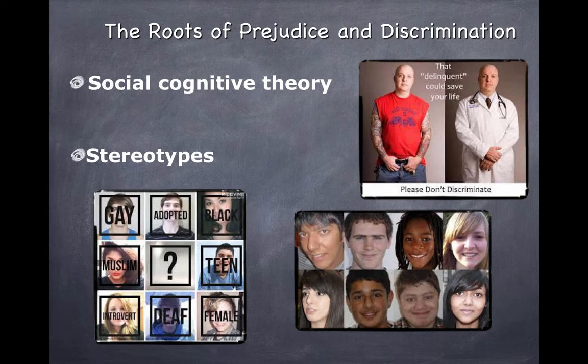And stereotypes are widely shared beliefs about the characteristic traits, the attitudes, and behaviors of members of various social groups, whether they be ethnic, racial, or religious. This includes the assumption that members of such groups are usually all alike.